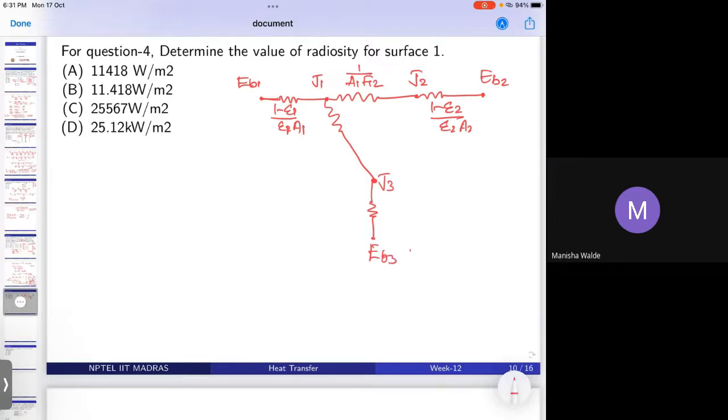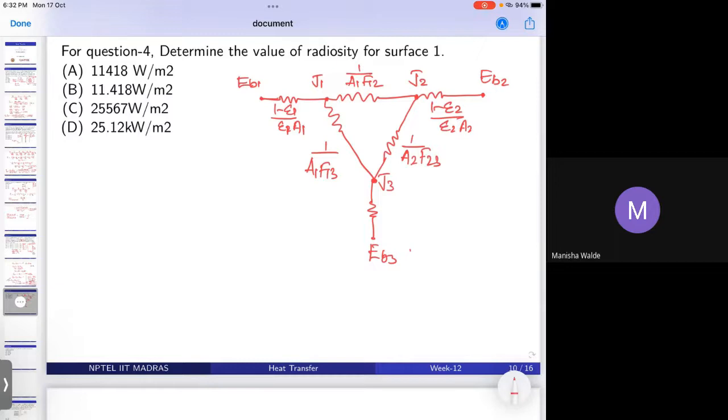And 3 and 2 also interact with each other. So the radiation network will be something like this, with A1 F13 and A2 F23, or we can write it as 1 by A3 F32, both are the same.